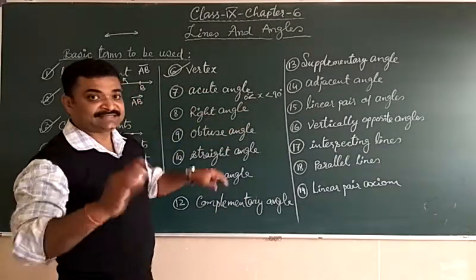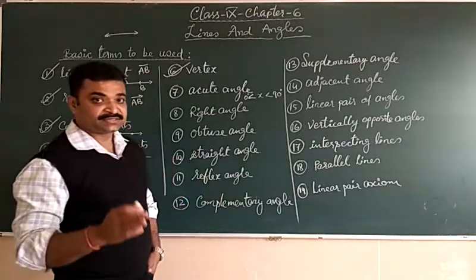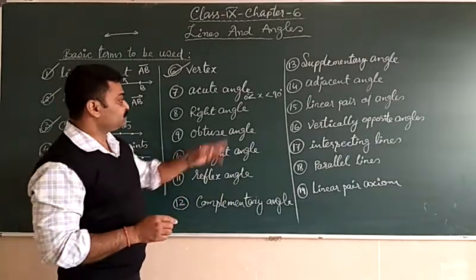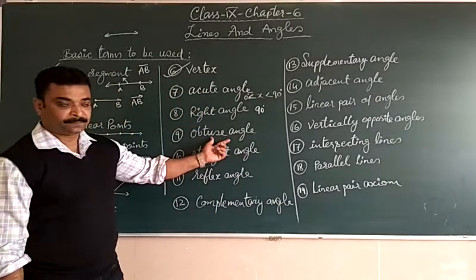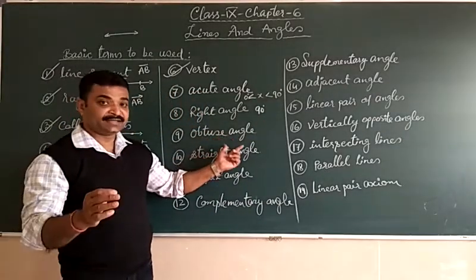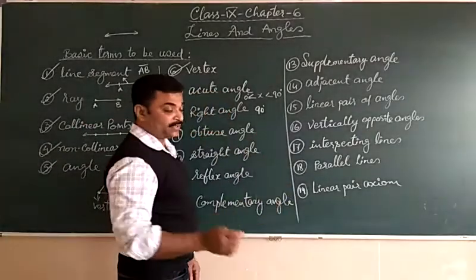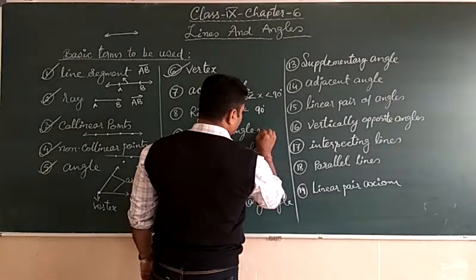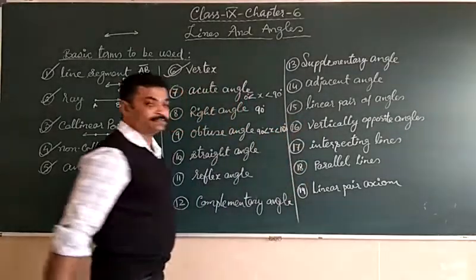A right angle measures exactly 90 degrees. Then an obtuse angle is an angle that measures more than 90 degrees but less than 180 degrees.